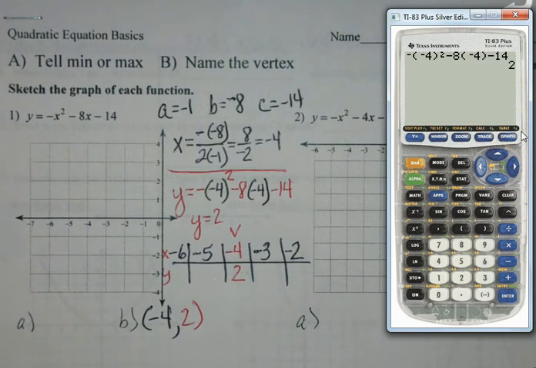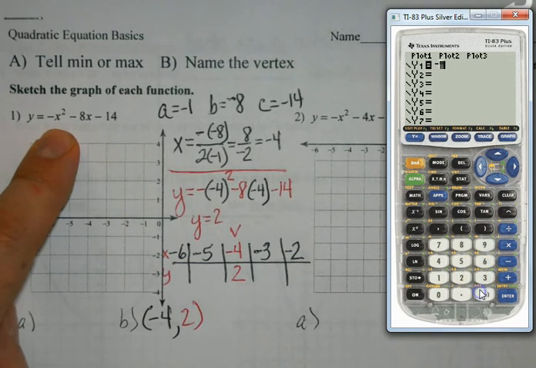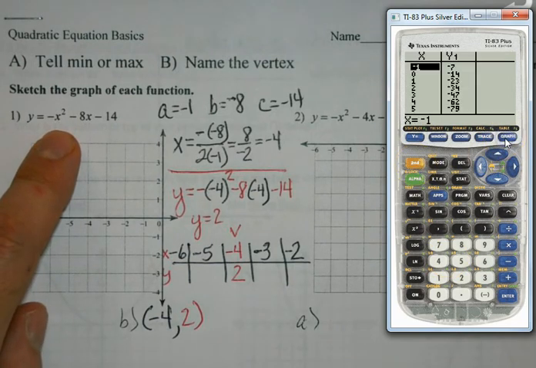And again, if I don't want to plug all of this in, I don't have to. If I'm careful, I can just type this into the calculator, and I'm going to hit second graph because I want the table.